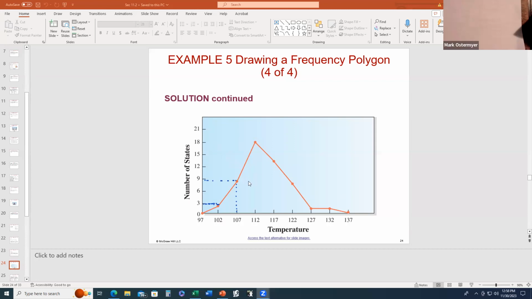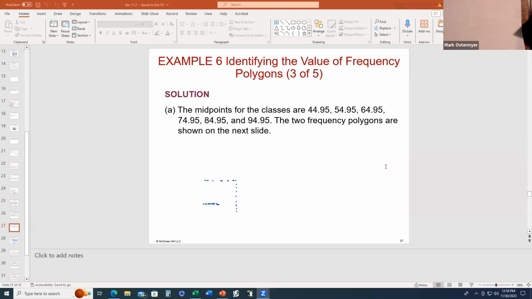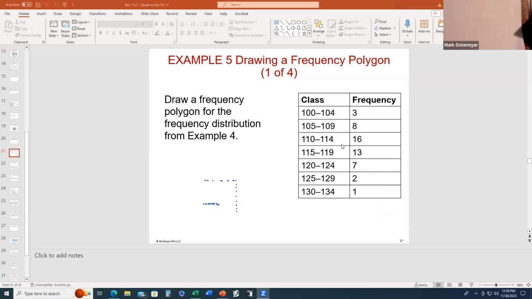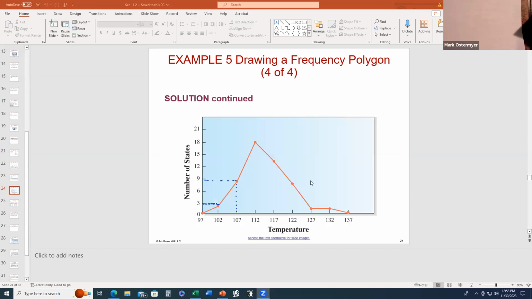Although, you know what? Let's see. 1, 2, 3. Let me see something here. That sure doesn't look like it. 112 is the midpoint of 110 and 114, but the frequency is 16, isn't it? This doesn't look like it projects back to 16.